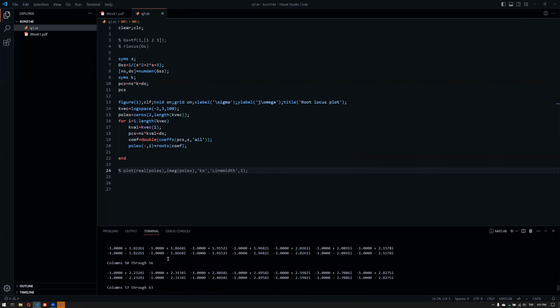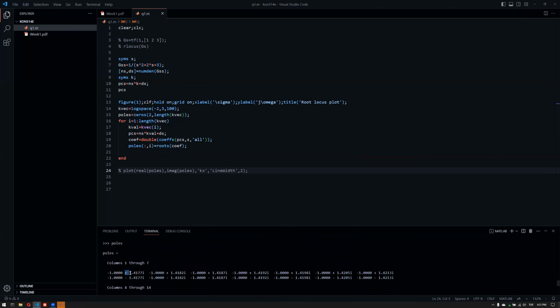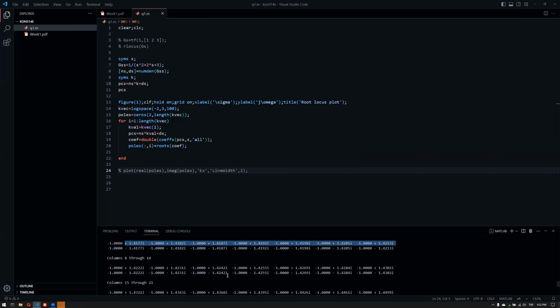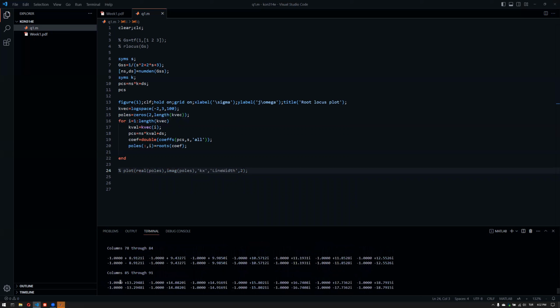You can also see that, conveniently, MATLAB just stored the positive conjugate values in the first row. So we can safely assume that this belongs to the same pole. It's moving like this. And the negative conjugate is on the second row.